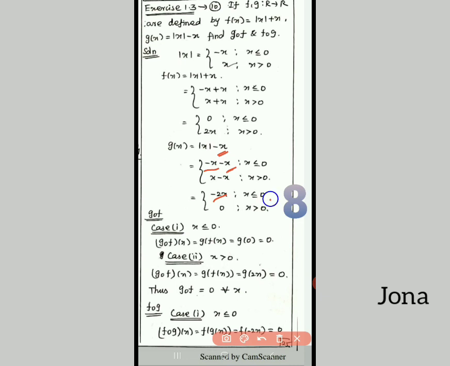So when x is less than or equal to 0, we got minus 2x. When modulus of x is plus x, here minus x is there. So x minus x, the value will be 0. So for x greater than 0, we got 0 here.